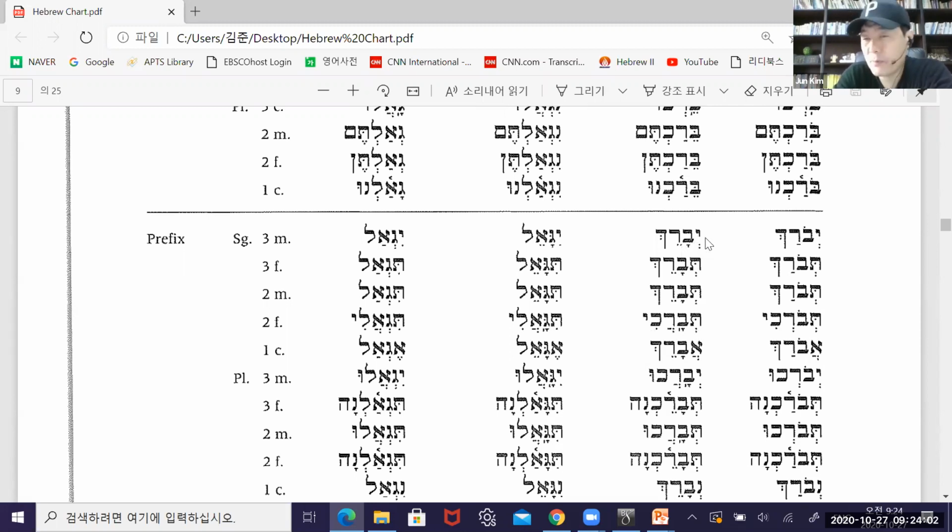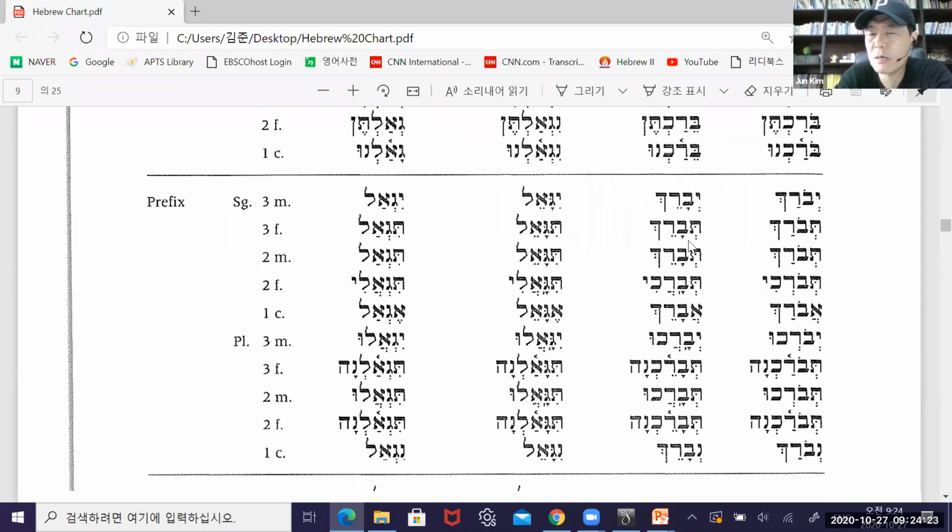In the case of the prefix form, you can say that because of the prefix pronoun together with the kamets. But whenever you see kamets and say, oh, it must be PL, then you have to be really careful.